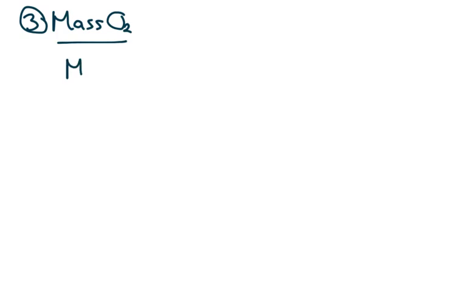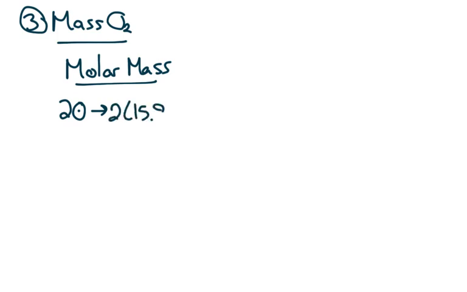To do that, we need the molar mass. And O2 is relatively easy because O2 consists of 2 oxygen atoms, each one of them weighing 15.999 grams per mole, giving us a molar mass of 31.998.